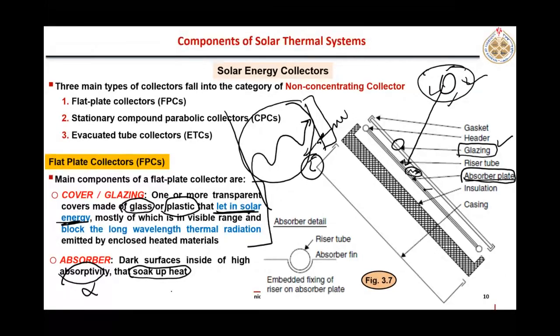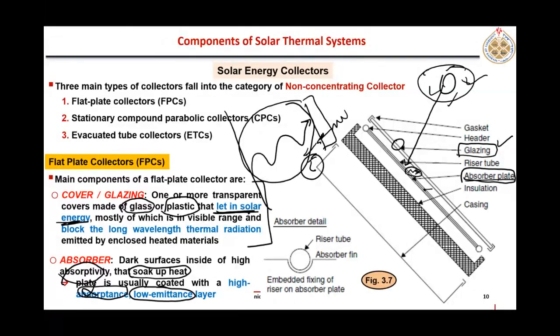So this plate is normally coated with a material like black paint or any other material which should have high absorptance but low emittance, right? So normally we paint this black sheet with a high absorptance and low emittance surface so that it can absorb the maximum solar radiation finally reaching that surface. So this absorber plate should have high absorptance. This glazing should have high transmittance of incident solar radiation.